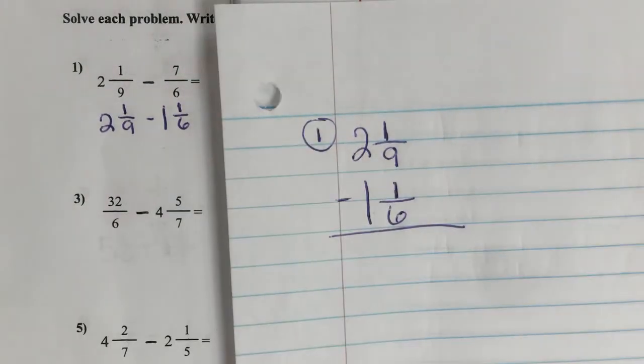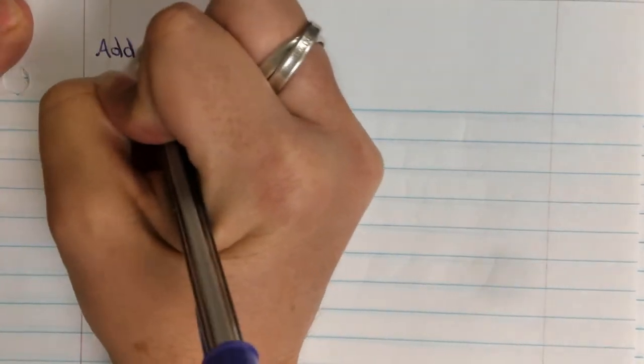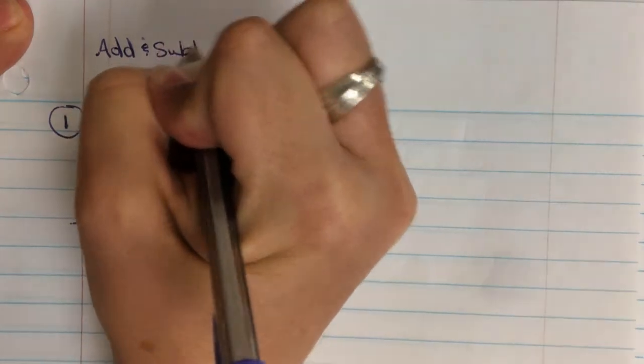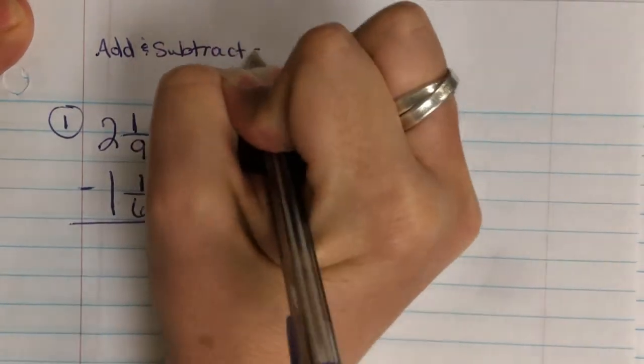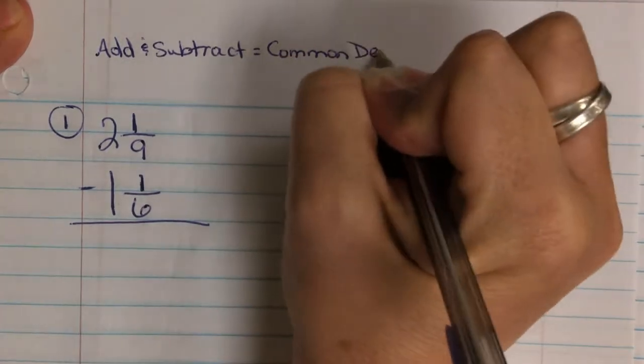Now, the first thing that we talked about, I'm going to take this one really slow, just to refresh you a little bit, is that with add and subtract of fractions, you've got to have a common denominator. Without a common denominator, you can't work it out.